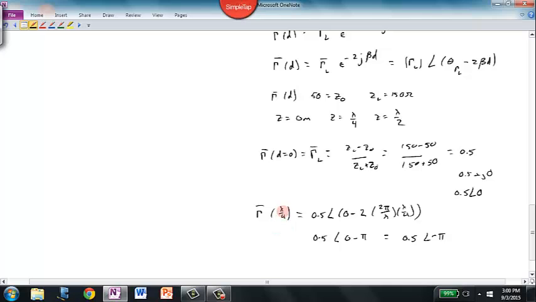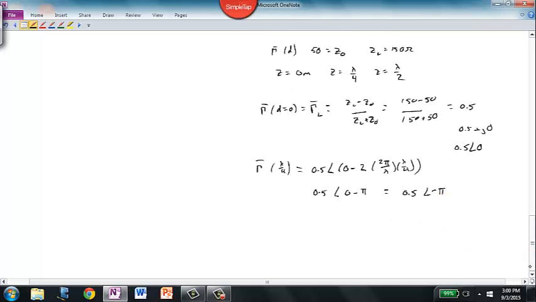That means at a distance of lambda over 4, the reverse wave is half the amplitude of the incident wave and has been phase shifted by minus pi radians. Finally, let's look at lambda over 2.